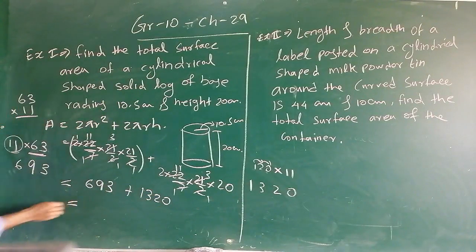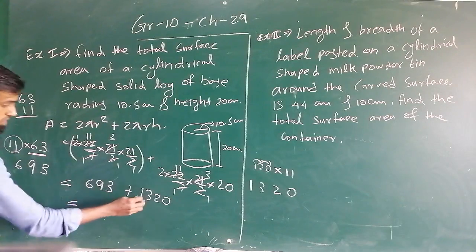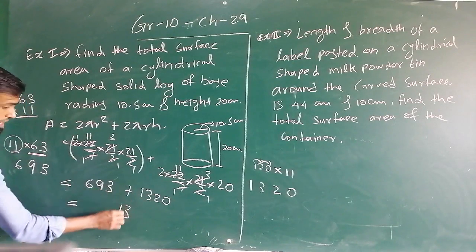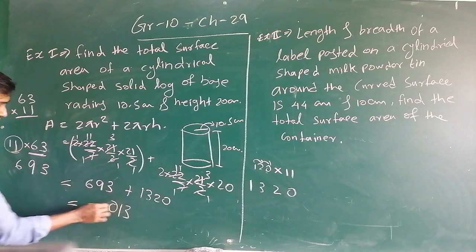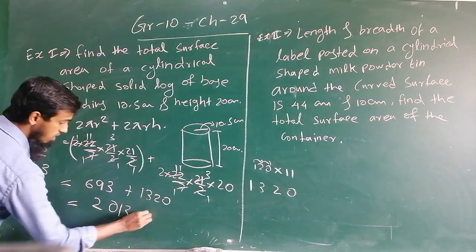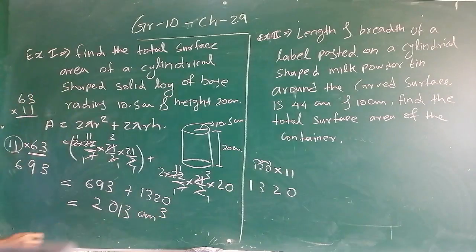So altogether, the final answer: 2013 centimeter square is the total surface area.